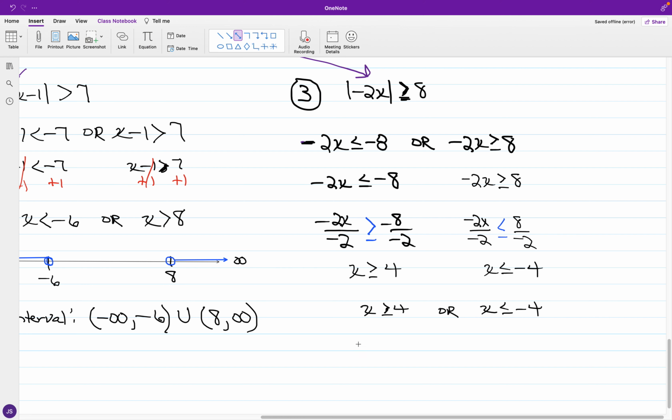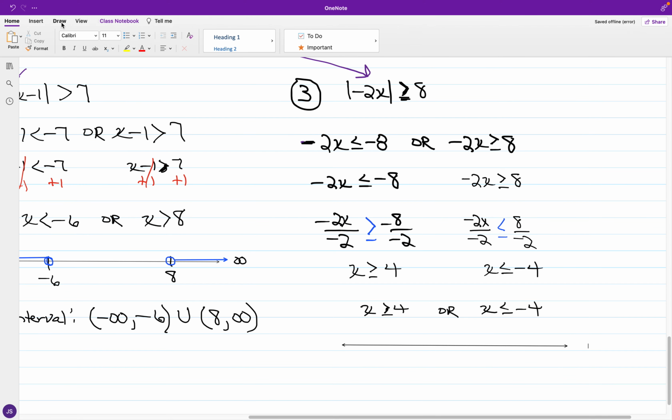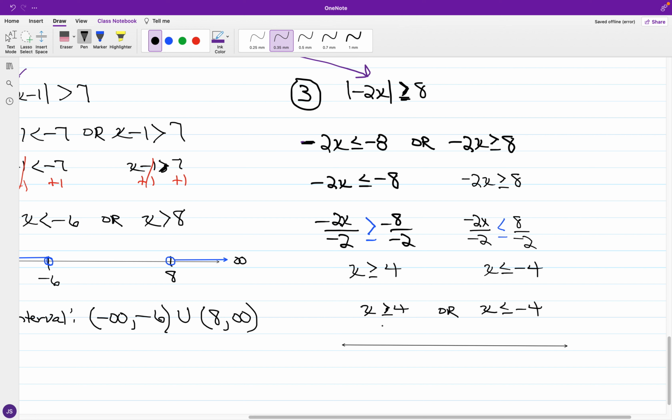So the interval solution will be combining everything that defines these inequalities. At the lower end we have negative 4. Both the inequalities have the equal sign. For x is less than or equal to negative 4, negative 4 is included.